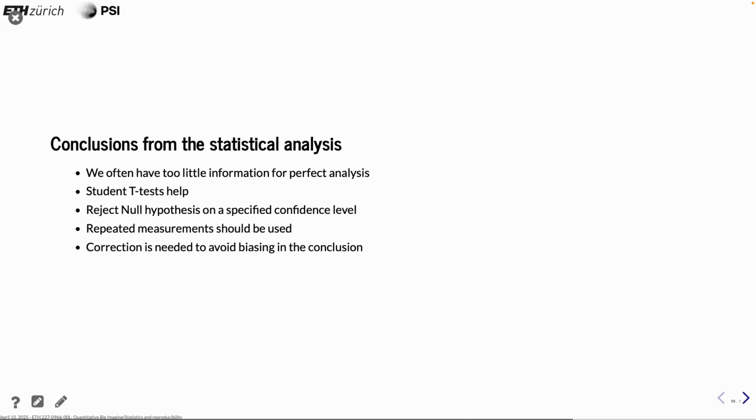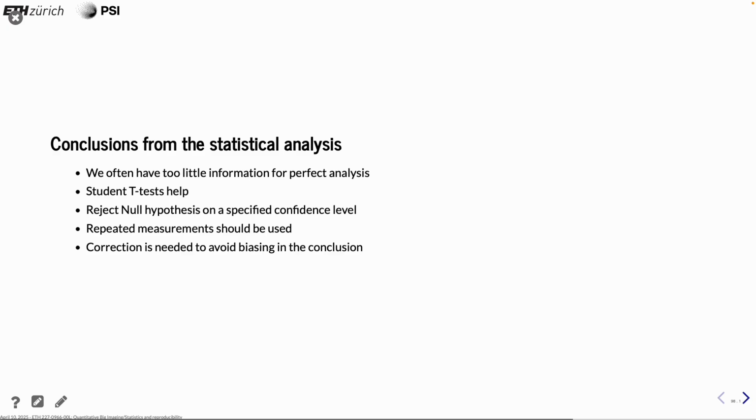So we can draw a lot of conclusions with the help of statistical analysis, but often we have too little information for the perfect analysis. That means go back to the lab, do more experiments. But the student t-test can help us make these conclusions even when we have small amounts of data.